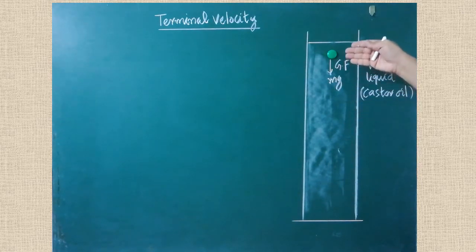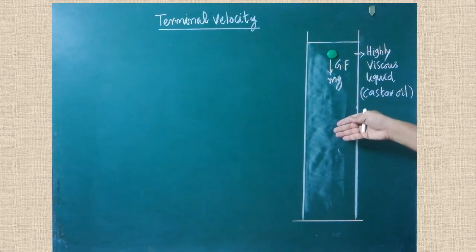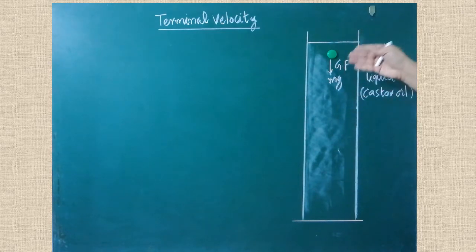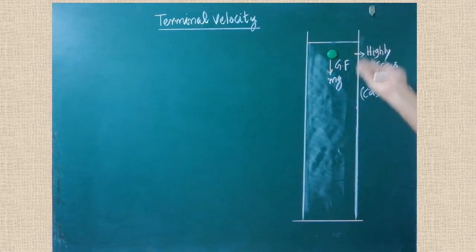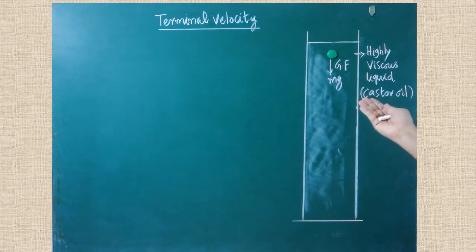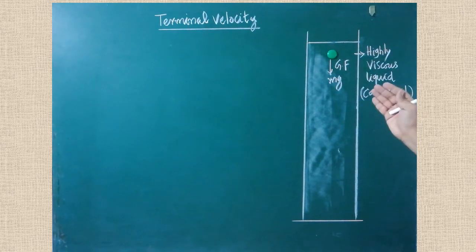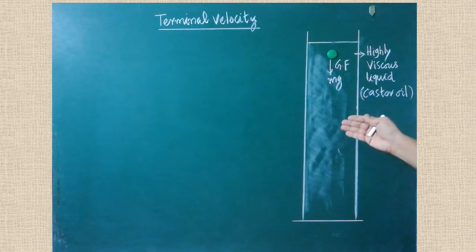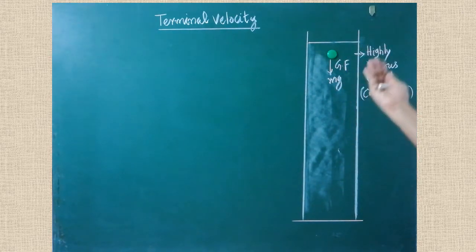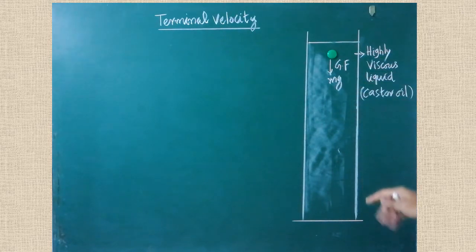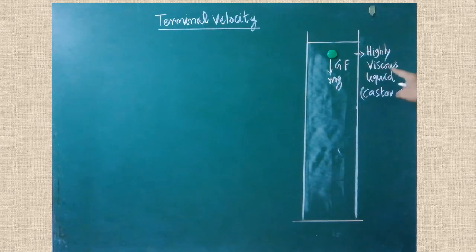When the metallic sphere is accelerated and moves faster, the upthrust will also be increasing. And one more force is also acting, called viscous drag. Because of the nature of the highly viscous liquid, one more upward force is acting, called viscous drag.